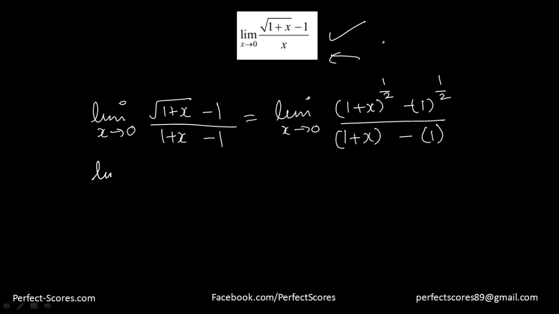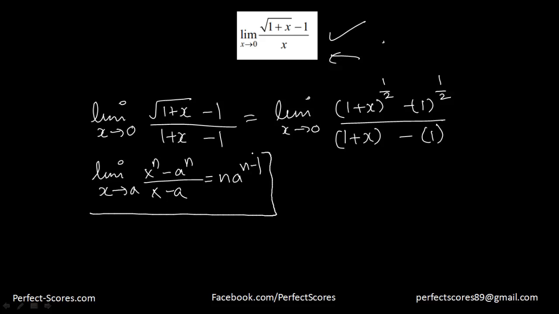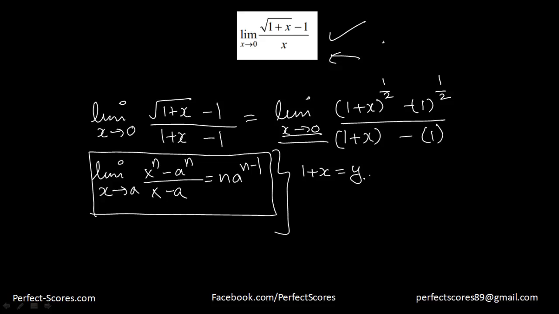If I compare this with the limit as x tends to a of x to the power n minus a to the power n divided by x minus a, which is n into a to the power n minus 1, then I have to change this part as well. So I'm going to substitute 1 plus x equal to y.